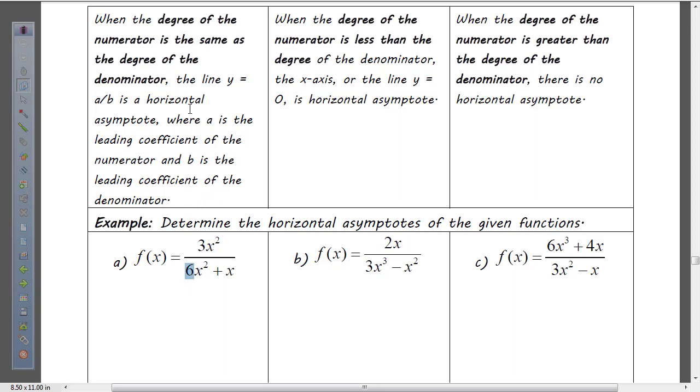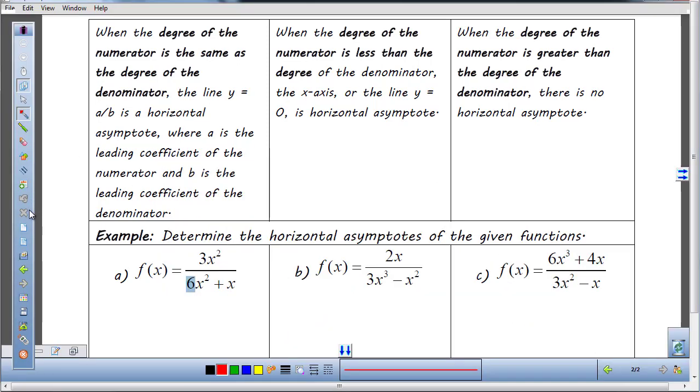So according to this rule, our horizontal asymptote is the line y equals 3 over 6, or y equals 1/2. As this graph tapers off out towards the end, it's going to be bounded by the line y equals 1/2.